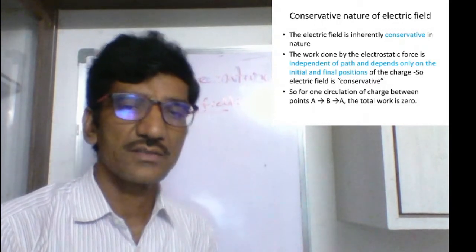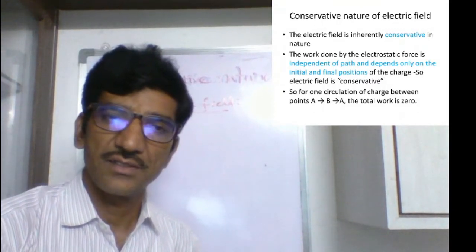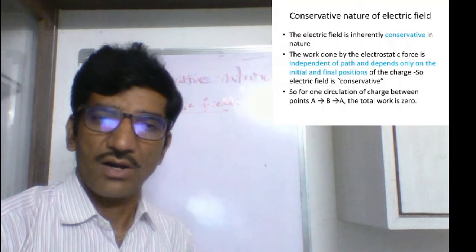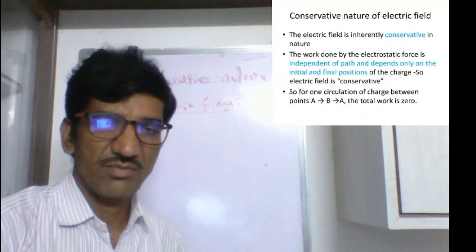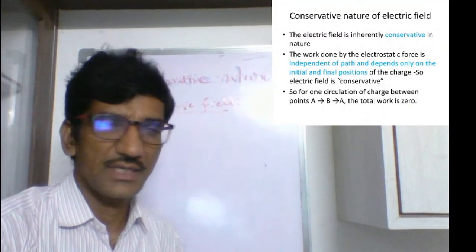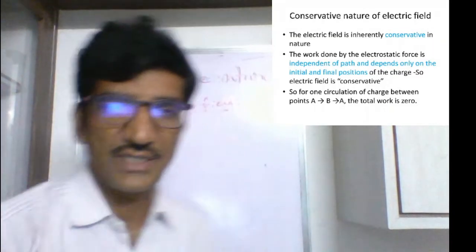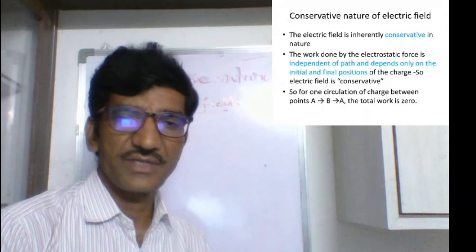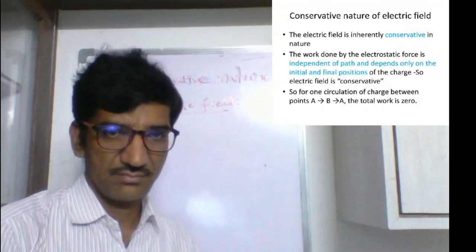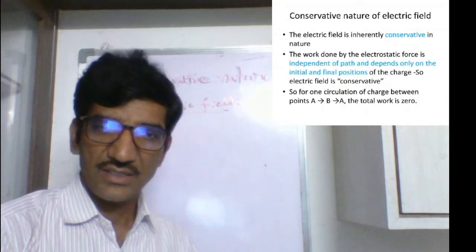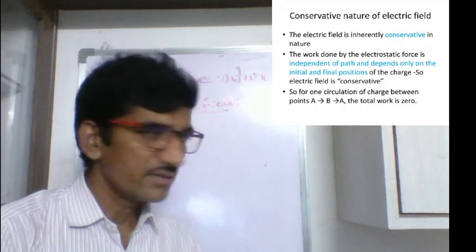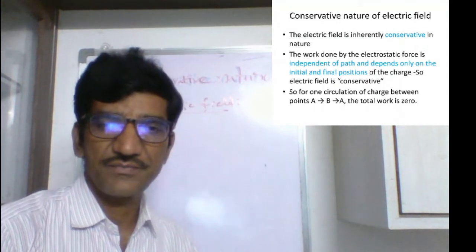Okay, so you know that fields are of two types. Any field, that may be magnetic field, mechanical field, velocity field, temperature field. So how many types of fields are there in physics? There are two types of fields.